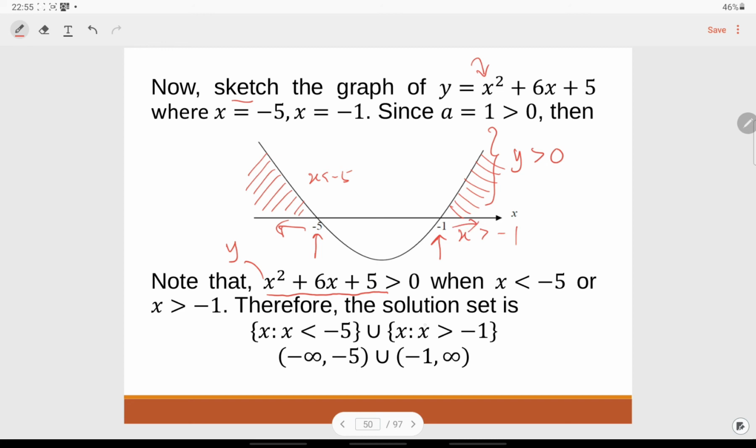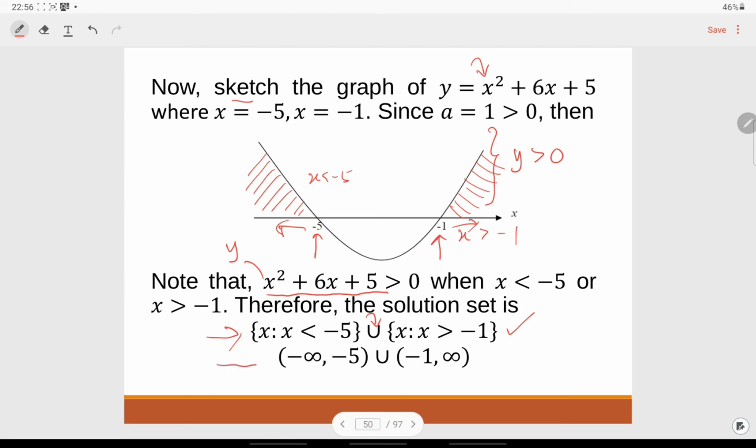So we put the solution in set form. We have these two sets. The first one, x is less than negative 5, and because we are combining two sets, we have union, union of x where x is greater than negative 1. So this is in set form. Let's say the question wants you to represent the answer in interval form.